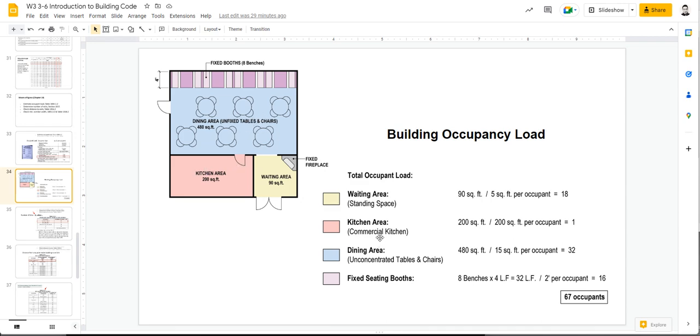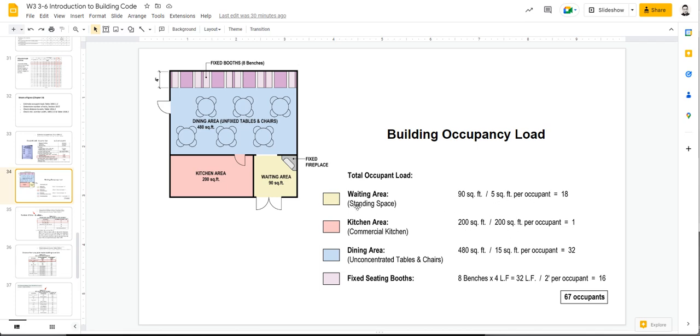For a kitchen, you have one occupant for every 200 square feet. For a dining area with tables and chairs, you have one occupant for every 15 square feet. So 480 divided by 15, you get 32. If you have a kitchen that's 200, then 200 divided by 200 is one.